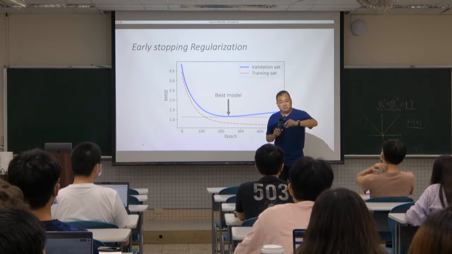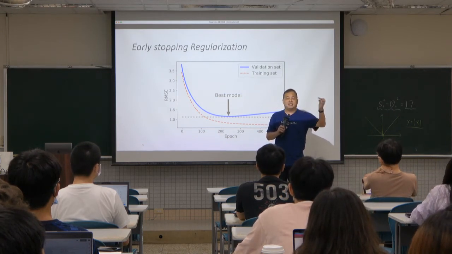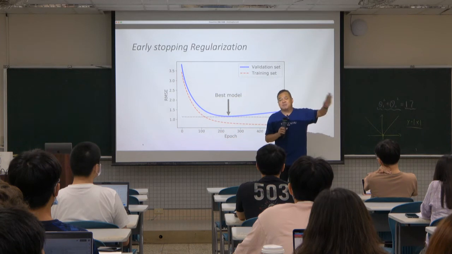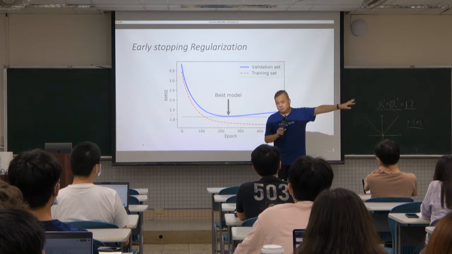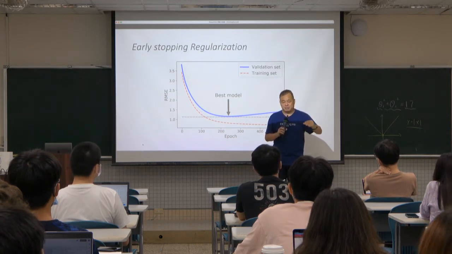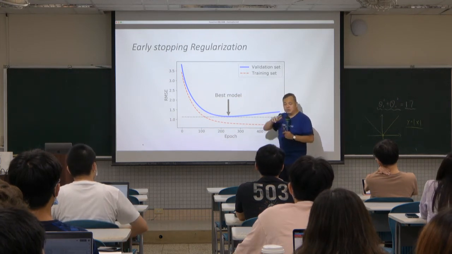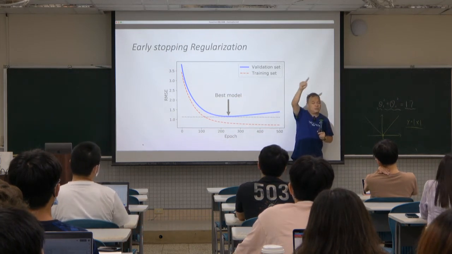If this validation error is lower than the previous one, you remove the previous copy of the model and just save the current copy. Then you start working on the next iteration.